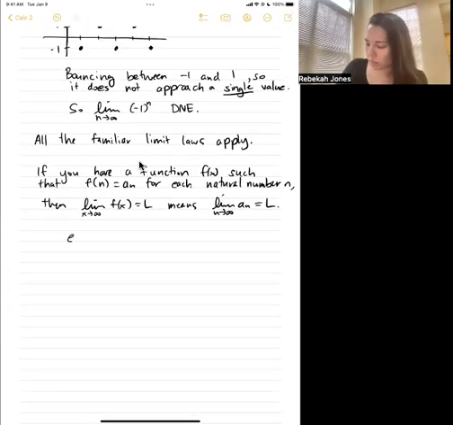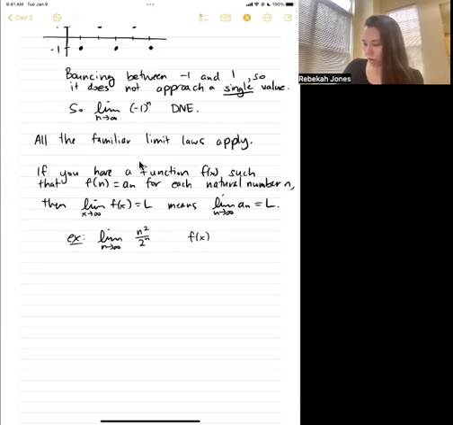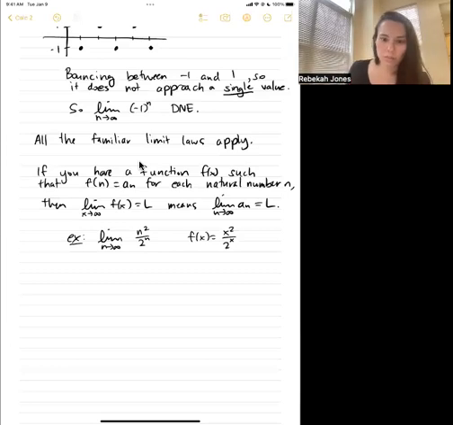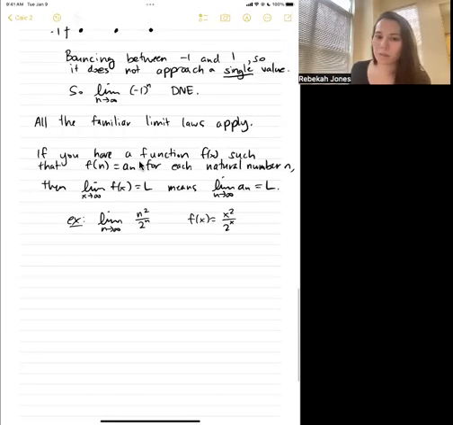So, for example, if we are working with, say, the limit as n goes to infinity of, let's see, n squared over 2 to the n, right? Then we would just choose our function to be x squared over 2 to the x, right? That definitely agrees with this. We just replace the n's with x's. And then in this case, we would just take the limit as we normally would.